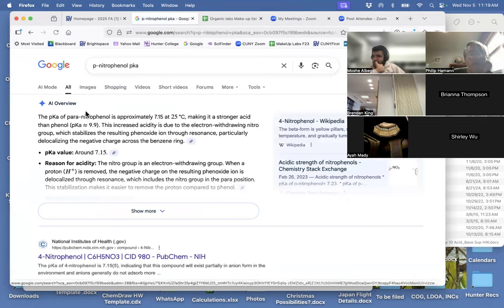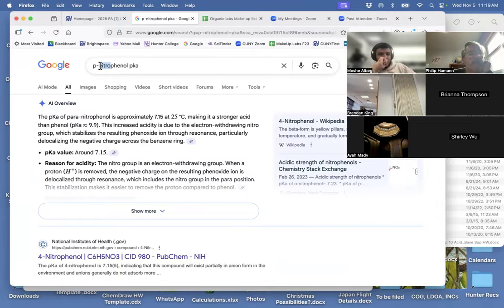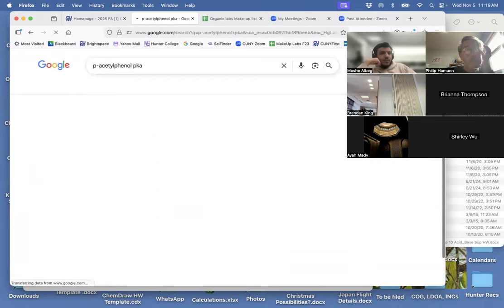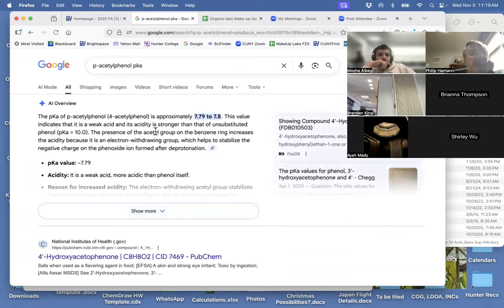The pKa of phenol is 10. The pKa of paranitrophenol is 7. So it's a 1,000-fold increase. Para-acetylphenol is closer to 8. So the nitro group is 10 times as effective as an acetyl group in acidifying that.